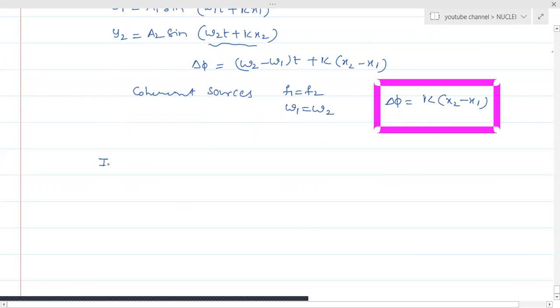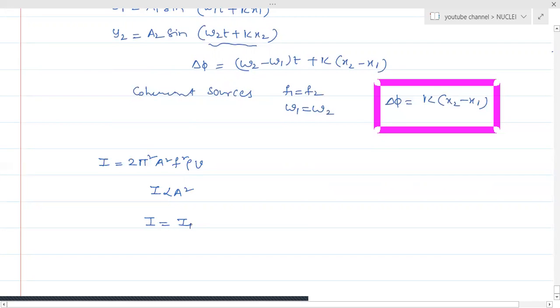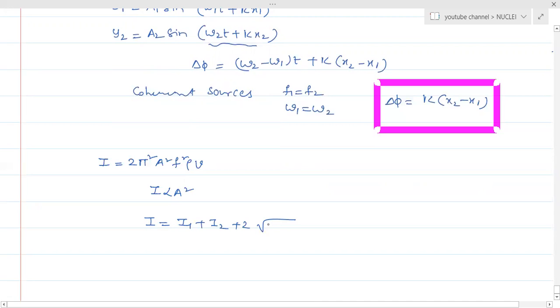According to the relation I equivalent to 2 pi square A square f square rho v, intensity is found to be proportional to amplitude square. So we know the resultant principle also. The resultant I is equivalent to I1 plus I2 plus 2 into root of I1 I2 cos phi.